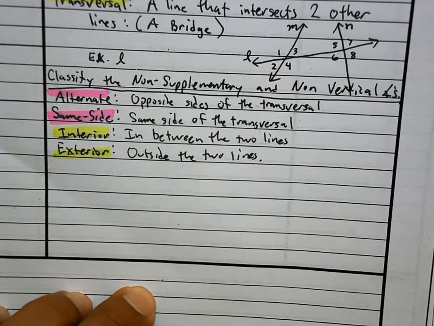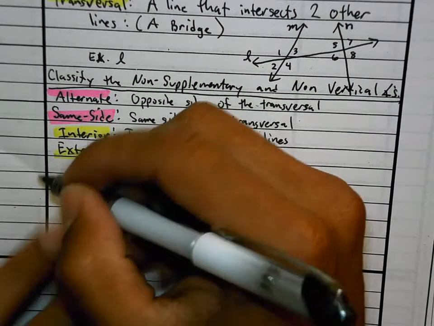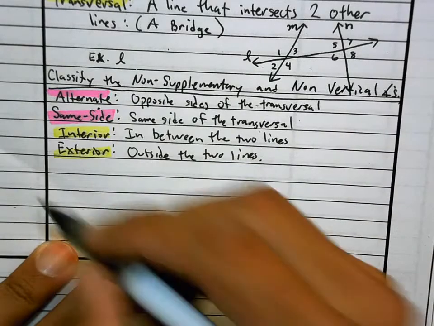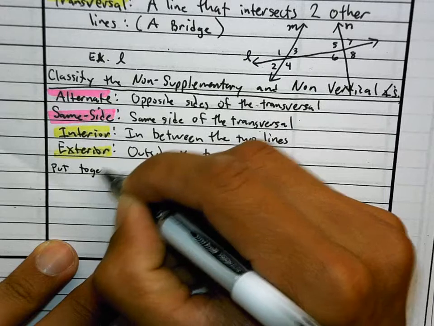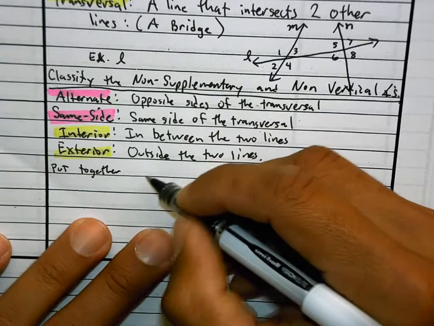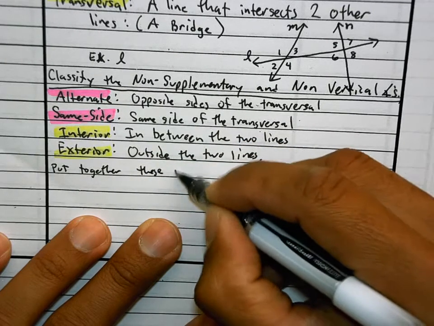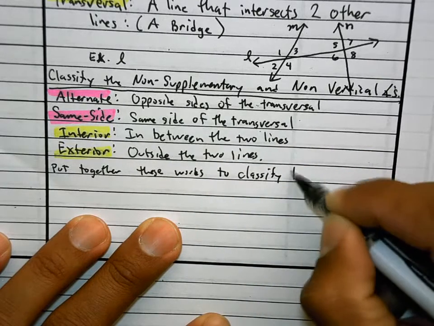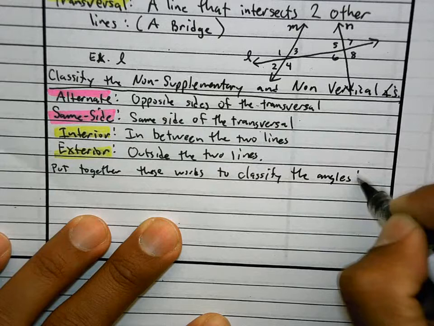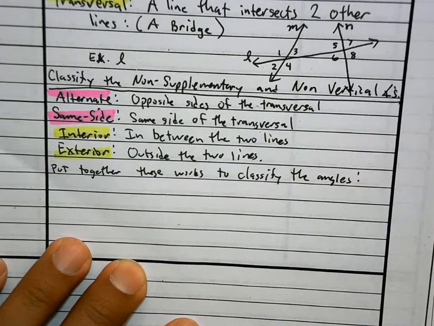What you will do is put one pink and one yellow word together to classify the type of angle that they are. So we put together these words to classify the angles.